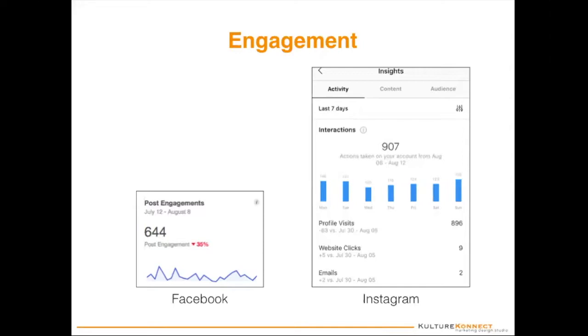You respond to them. If it's a mention, you respond to them and you thank them. If it's a review, you respond to them. Doesn't matter if it's negative or not. If it's a comment or a private message, you make sure you respond to that. That's what makes them loyal. That's what makes them engage with you more and more and with your brand.